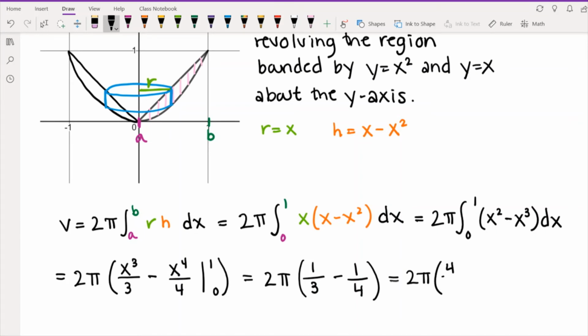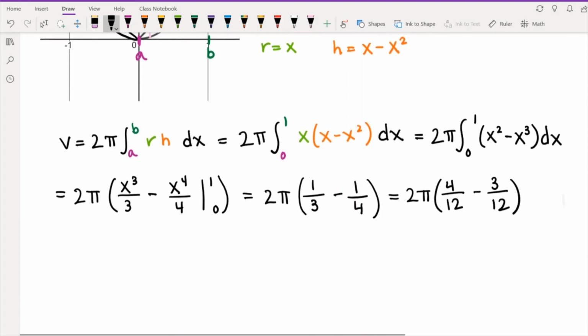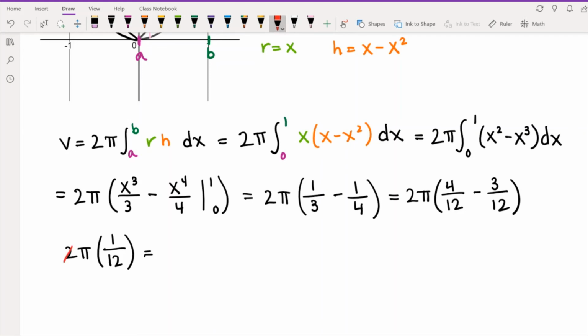So we have 4/12 minus 3/12, giving us a total of 2 pi times 1/12, which simplifies to pi/6. So that is our volume.